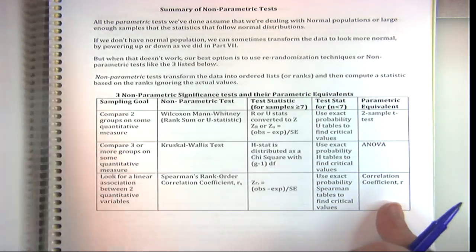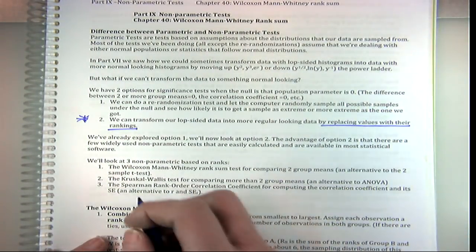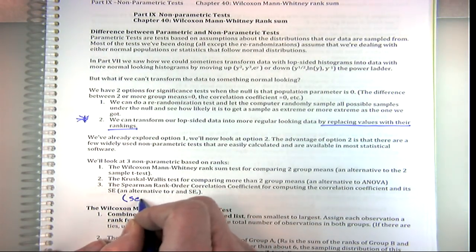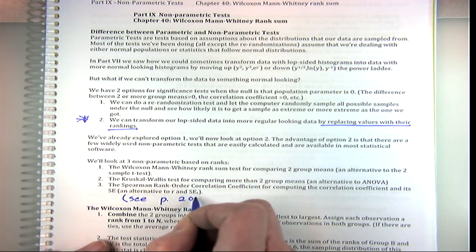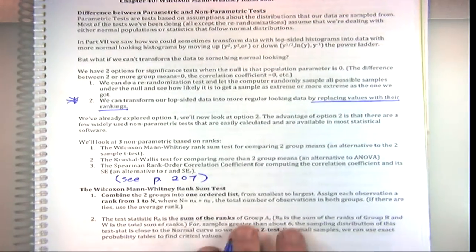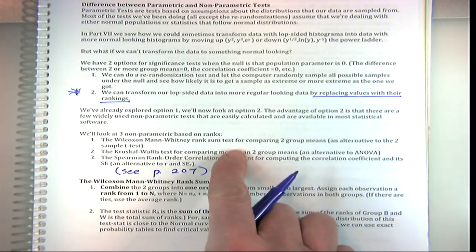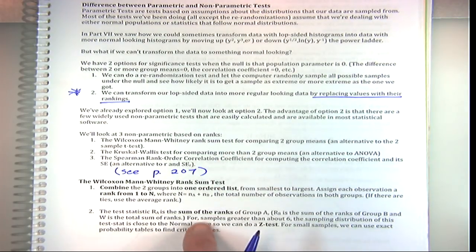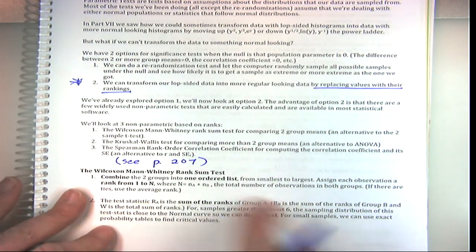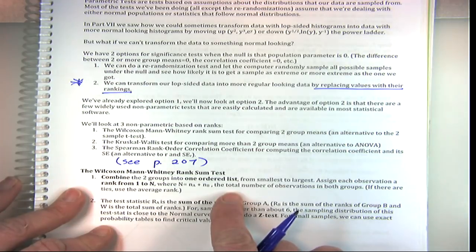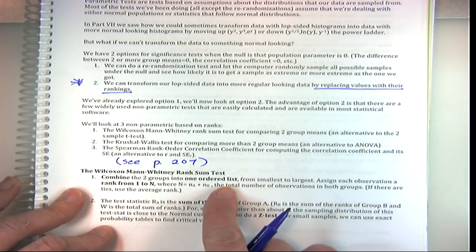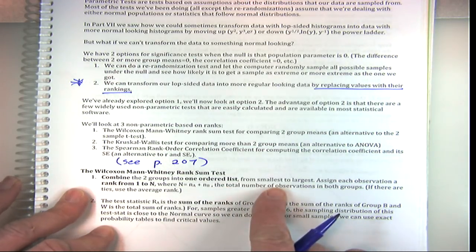So this is what we're going to do today. It's a substitute for the 2-sample t-test. The idea is you have 2 groups, and you combine them into one ordered list from smallest to largest.